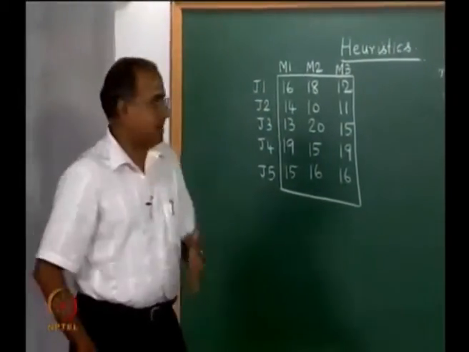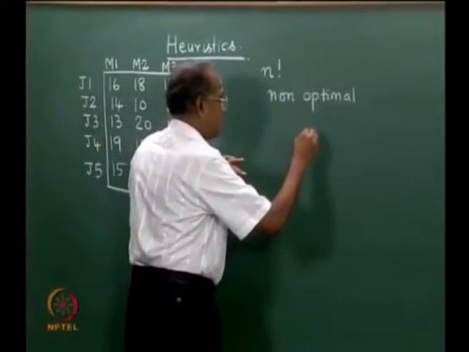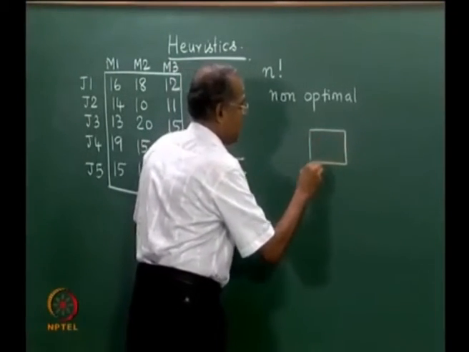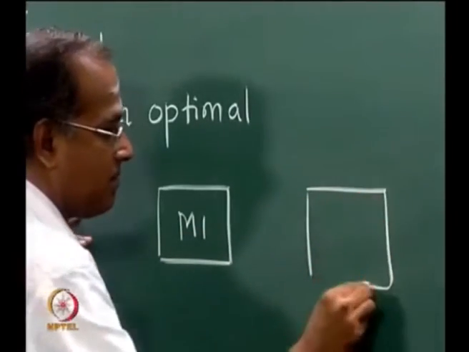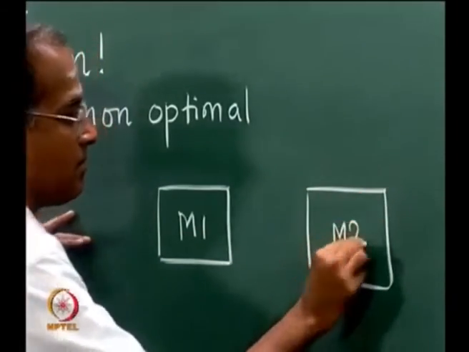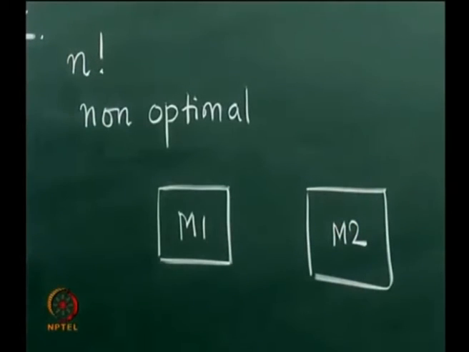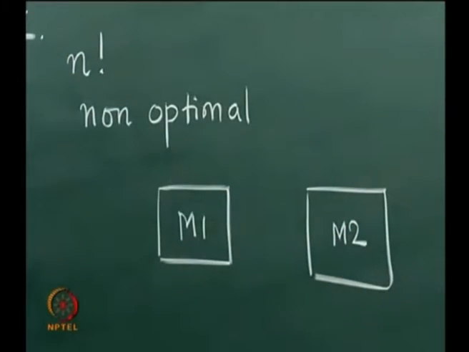Now if we consider a 2 machine flow shop, with M1 here and M2 here, and let us say we have only 2 jobs J1 and J2.